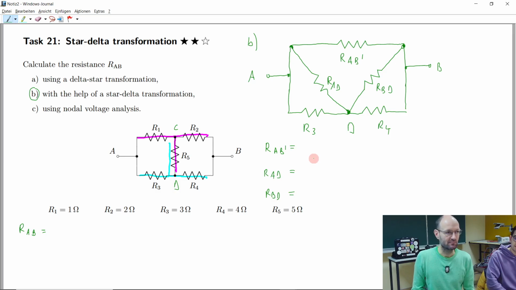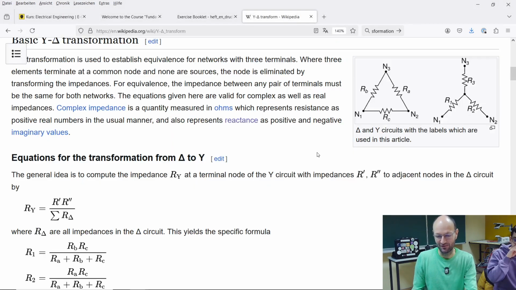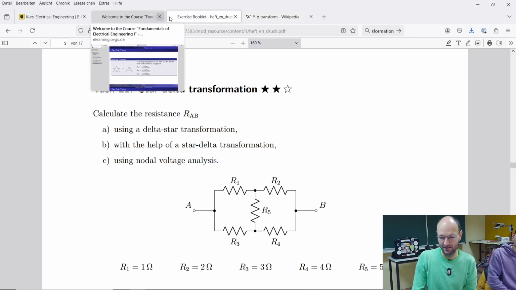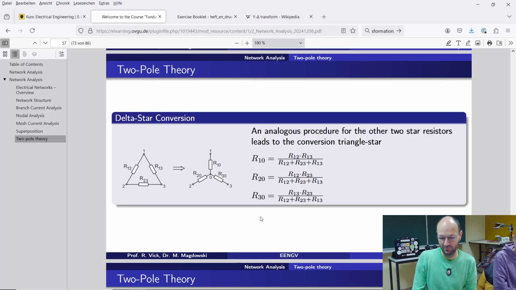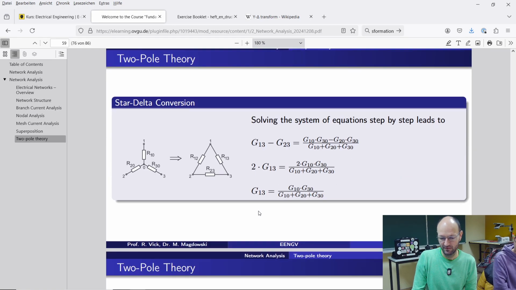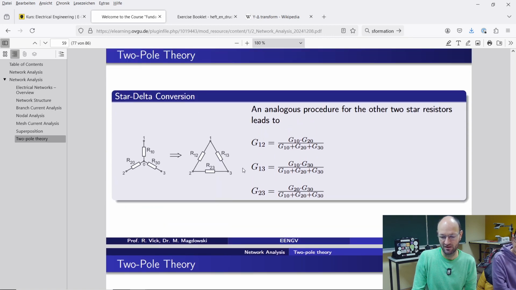Okay. So what do we do? You had some idea? Yeah, we have the formula in the lecture slides, exactly. So we take a look back into the lecture slides. This is now the conversion from star into delta.